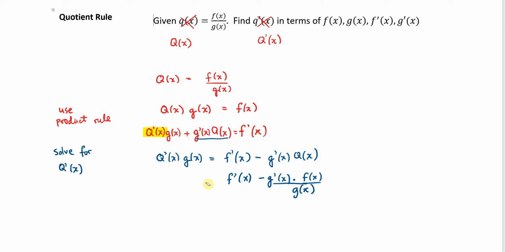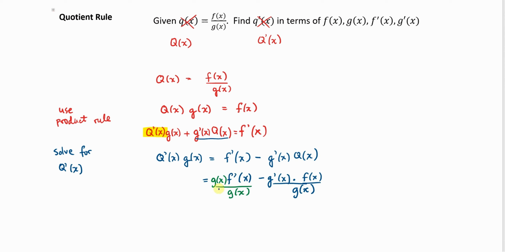And then I want to be able to combine this into the same fraction. So I'm going to multiply this f prime term here by g over g. So this is g of x over g of x. Okay, so multiplying by 1.